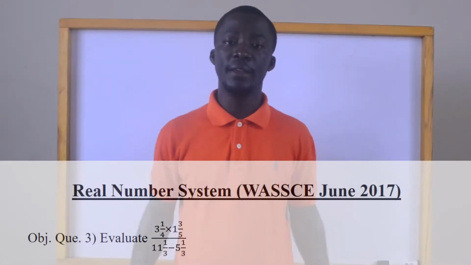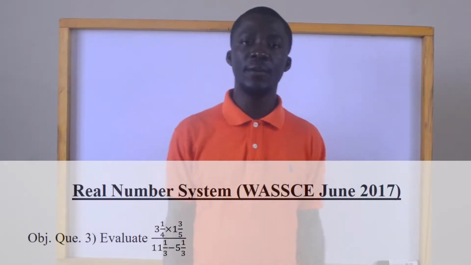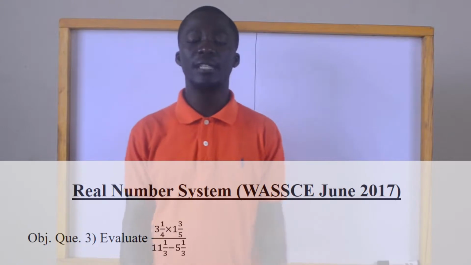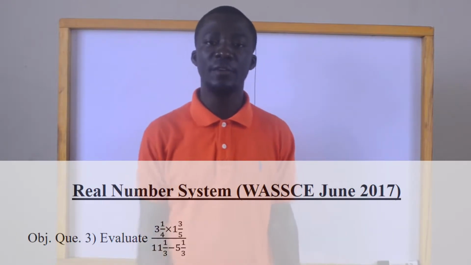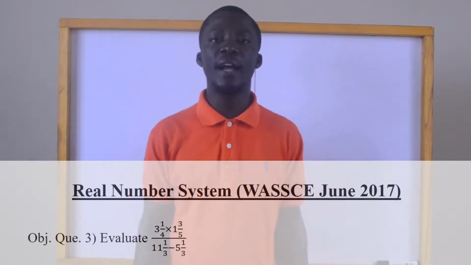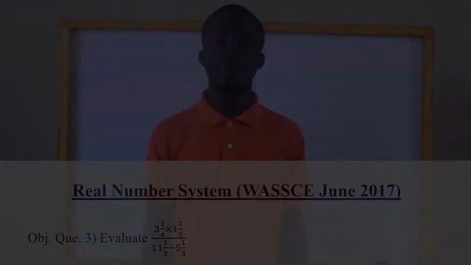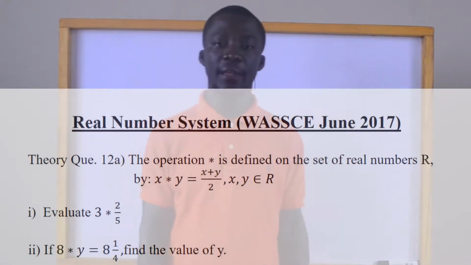Objective question 3. Evaluate 3 whole number 1 over 4 times 1 whole number 3 over 5, all divided by 11 whole number 1 over 3 minus 5 whole number 1 over 3. Theory question 12a.